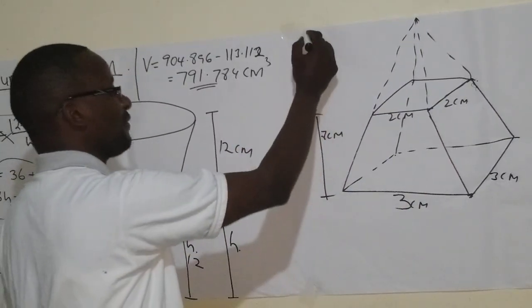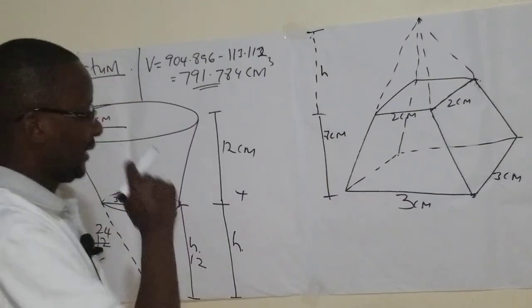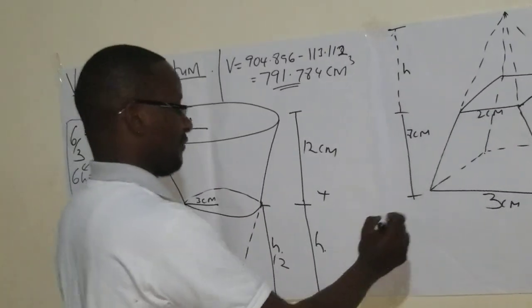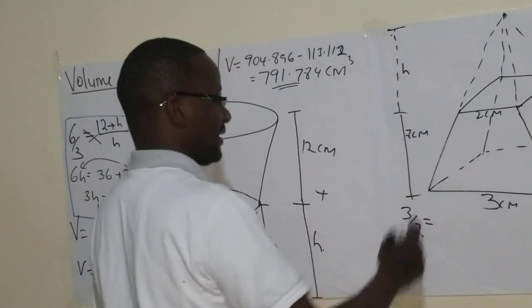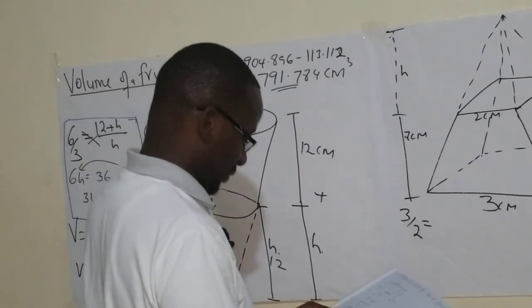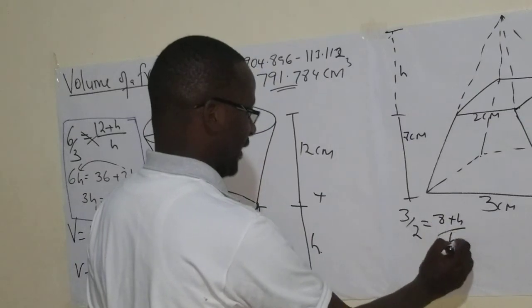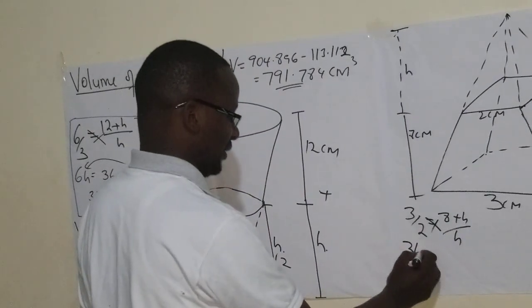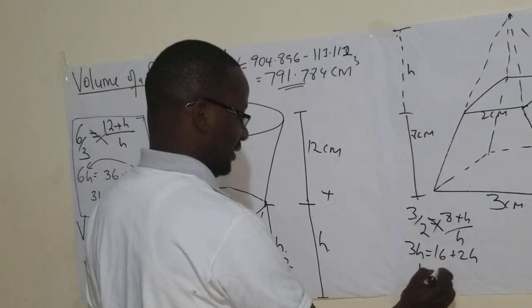So the height of this small pyramid is h. Just as we did with this other one, we have 3/2, which is the linear scale factor, equals 8 plus h over h. Cross multiply. So you get 3h equals 16 plus 2h, and so h is equals to 16.